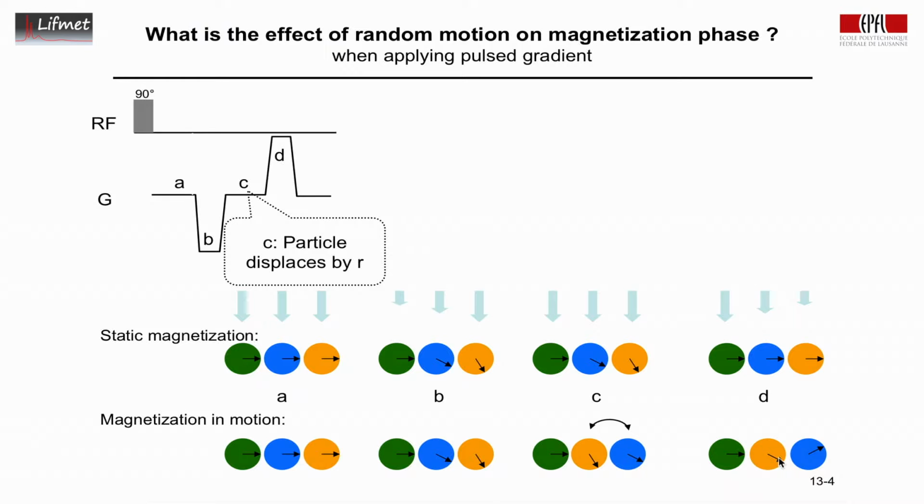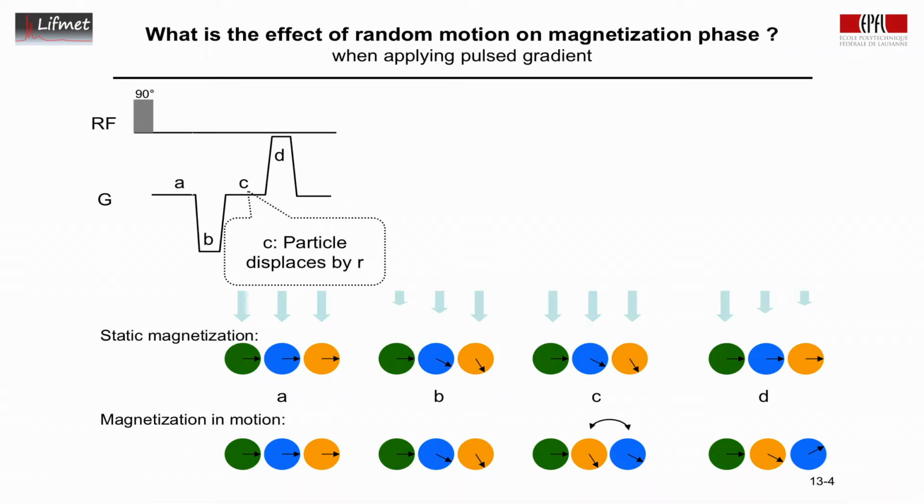Now, can you guess what the effect is on the net magnetization? Consider here, there's no motion, we have a nice echo, we have maximum amplitude. Here the magnetization vectors are no longer collinear. And since what we are observing, the total magnetization, is the sum of all magnetizations in our voxel, the voxel magnetization is reduced.